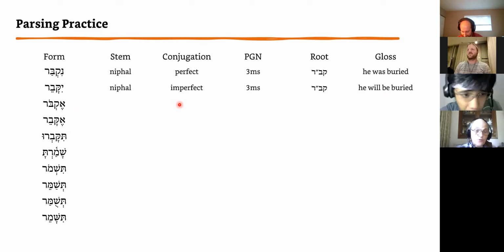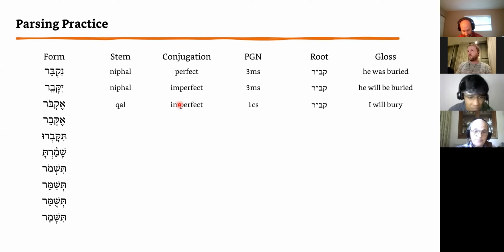So it's first person, common singular. Yes. And the root is the same as in the previous two. I will bury. Look at that. Perfect.